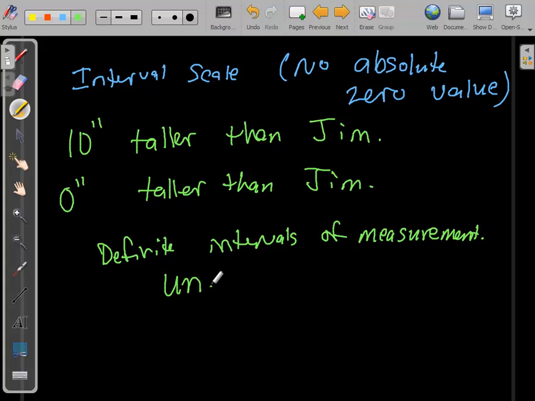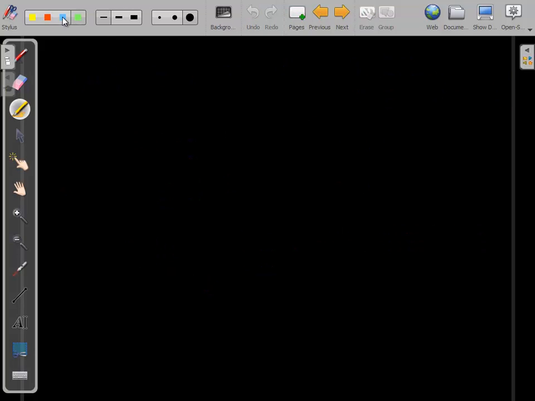Okay, so units would be important here. If I were to say that I'm 2.5 times taller than Jim, I guess that works, but it's still implying that you have an original measurement and that you both were in that measurement. Okay, and really that's driving at what we call the ratio scale.